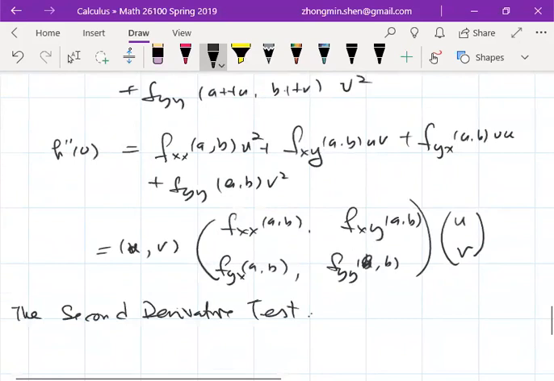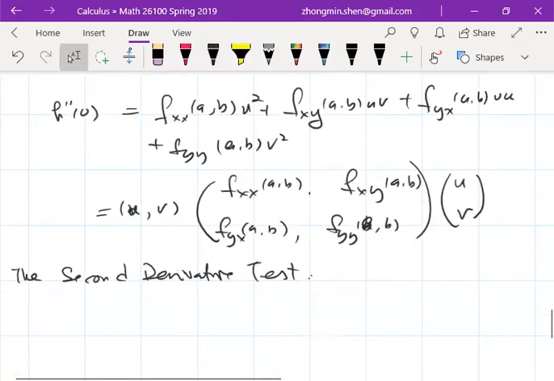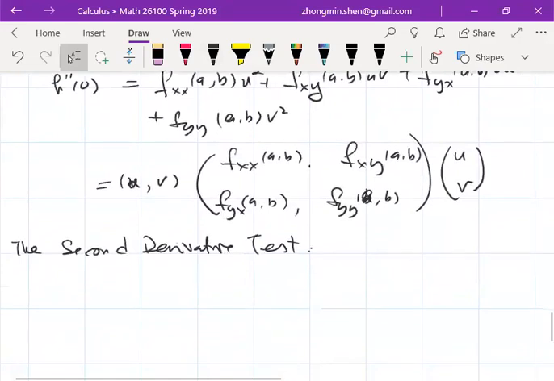The second derivative test says that, suppose the second partial derivatives are continuous on the disk with a center at (a, b). This means the second derivatives exist.